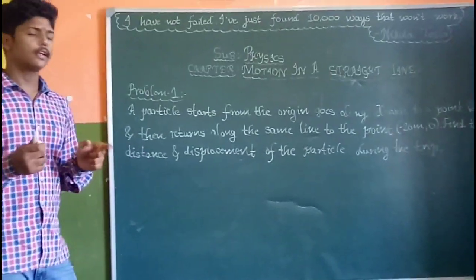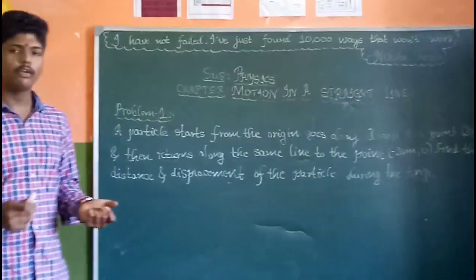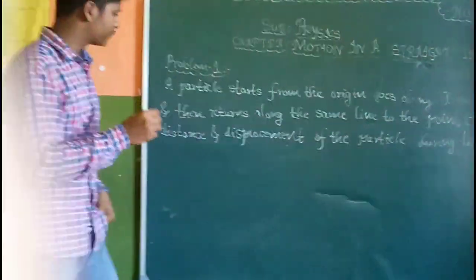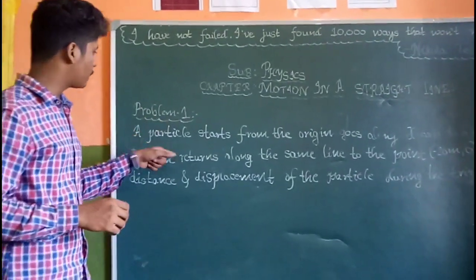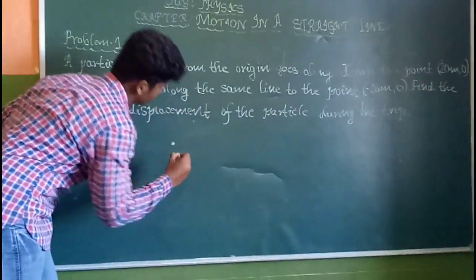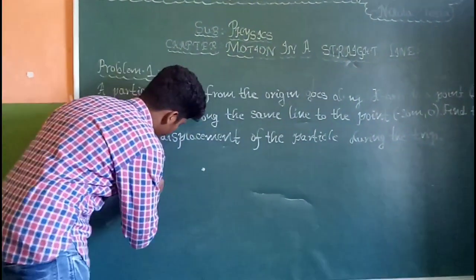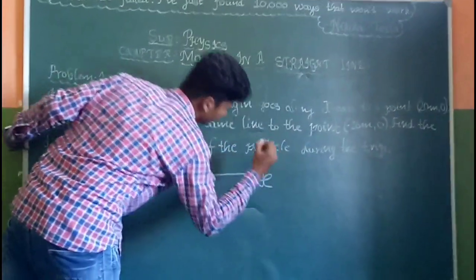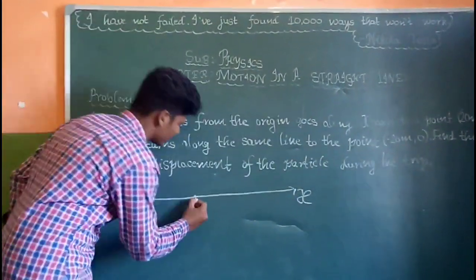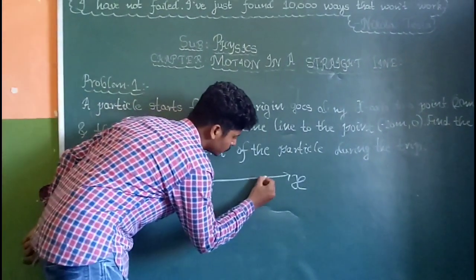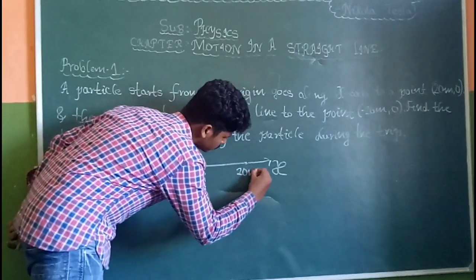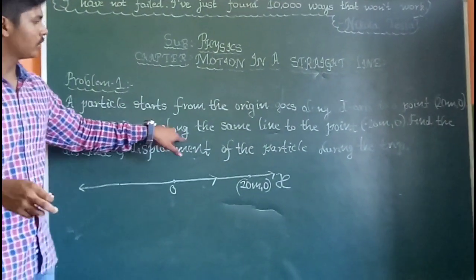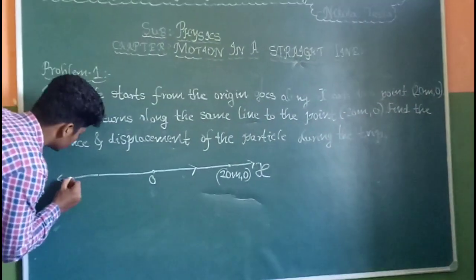While solving any problem in the chapter motion in a straight line, you have to imagine the situation, so first we'll sketch it. The particle starts from the origin O. It goes along the x-axis, travels up to 20 meter, 0, and then returns along the same line to the point minus 20 meter, 0.